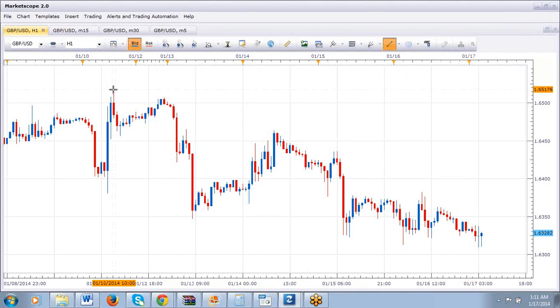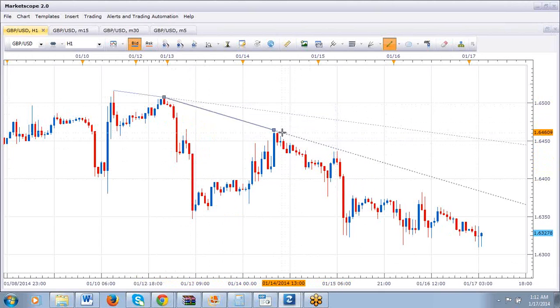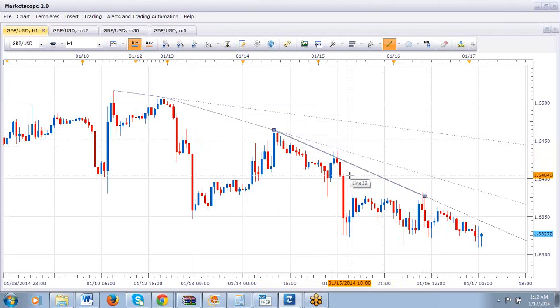What I tend to do is find where my trends are. Obviously it's so clear that everything is pretty much in a downtrend. We have a series of higher highs, a series of lower highs. I'll cut that across, and then bam, that's pretty much on this end.